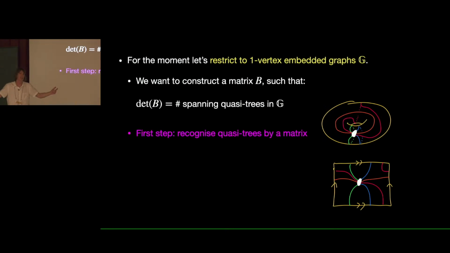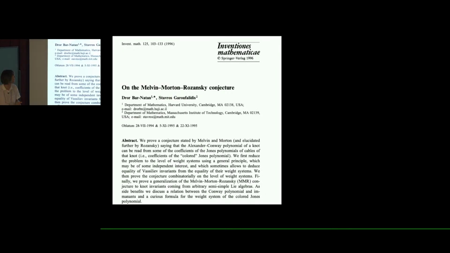So the first thing you have to do is recognize quasi-trees by a matrix. So I want to find some matrix from this embedded graph, and I need a way to recognize the quasi-trees. And I think, well, okay, how on earth do you do that? Well, fortunately, this has been done in various places in mathematics. I first met this back when I was a PhD student, in this paper on quantum knot invariants.